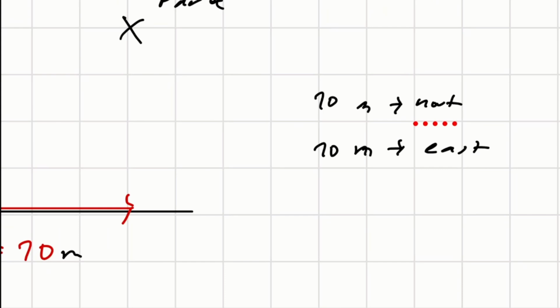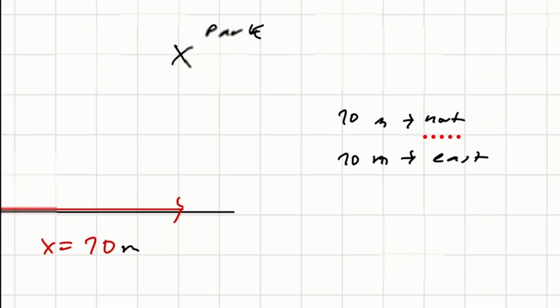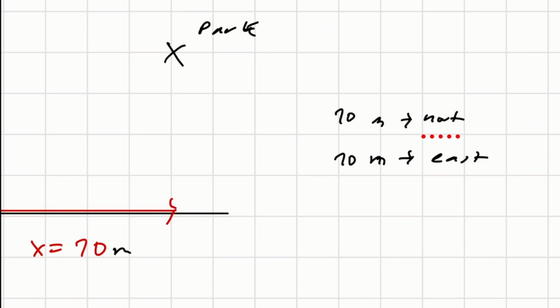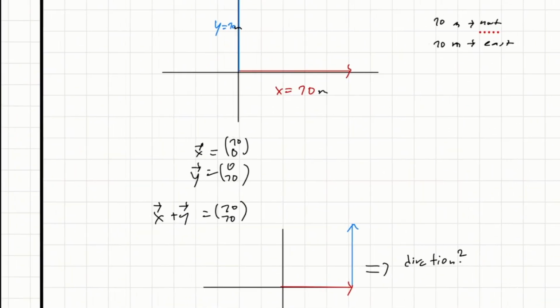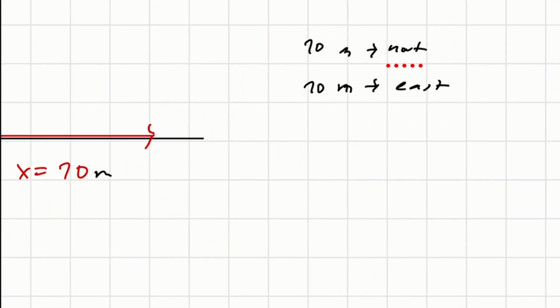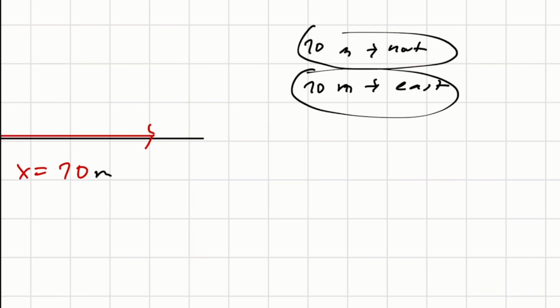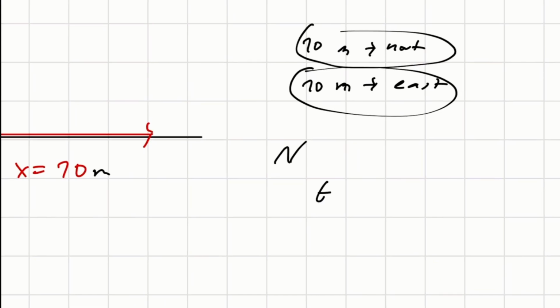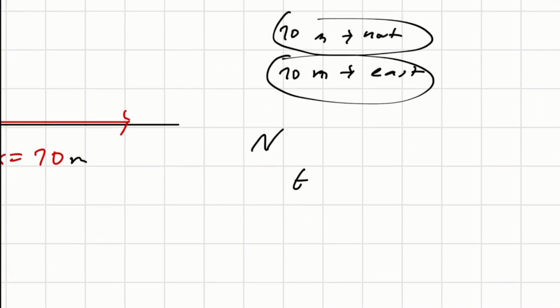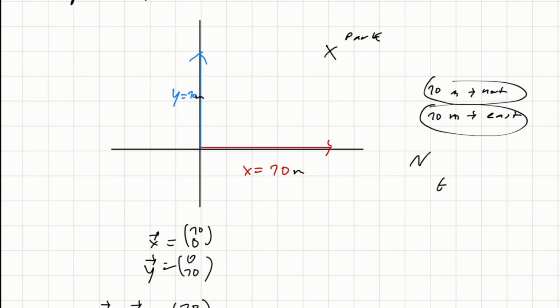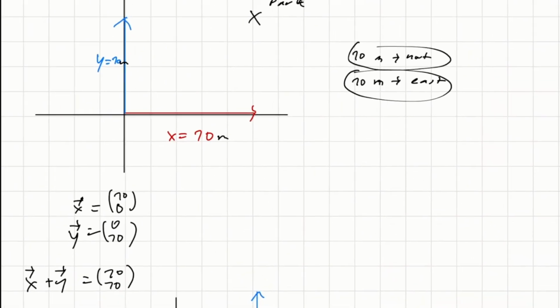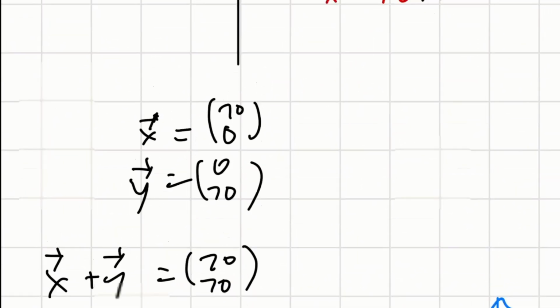Those are vectors because you can add them together. This is your x value and this is your y value, because north, let's remember, this is north, this is east, so north is your y-axis in this case, and east is your x-axis.